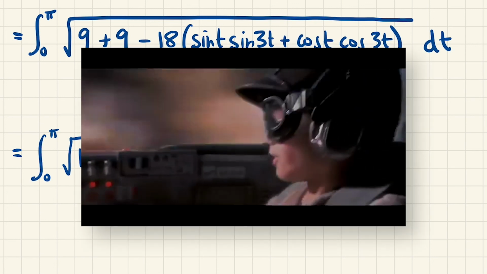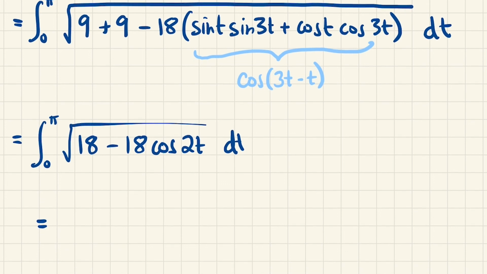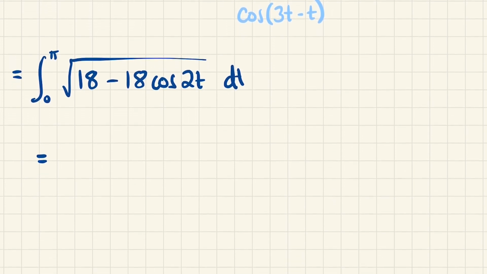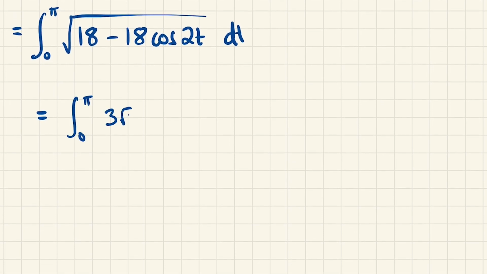Okay. Now this is pod racing. No, it's not. We're just working out an integral. So we can even factor the 18 out of the radical. It would come out as square root of 18, which is, of course, 3 rad 2. And we have radical 1 minus cosine of 2t.